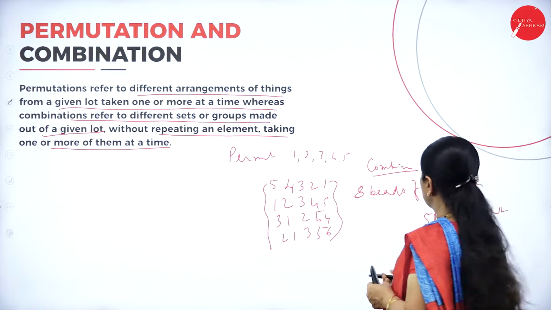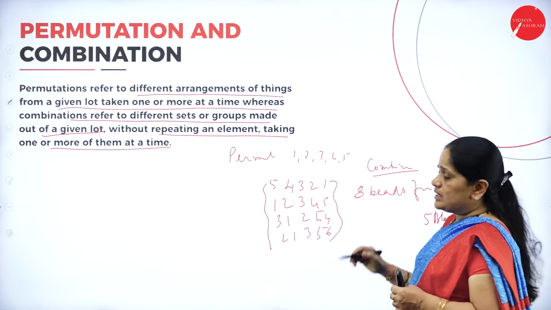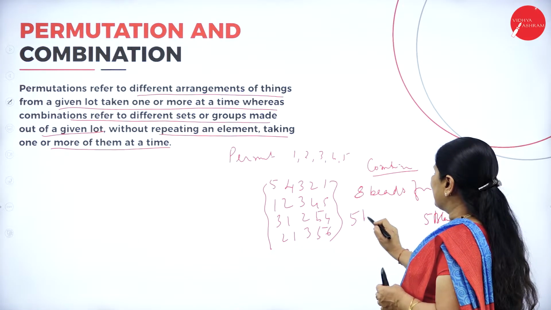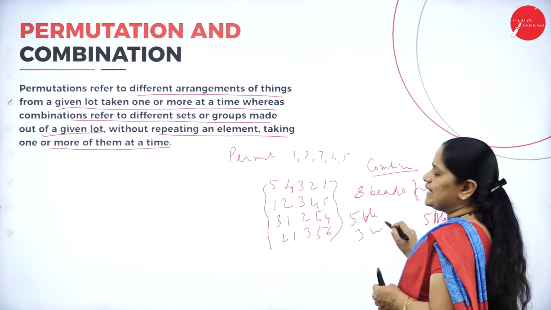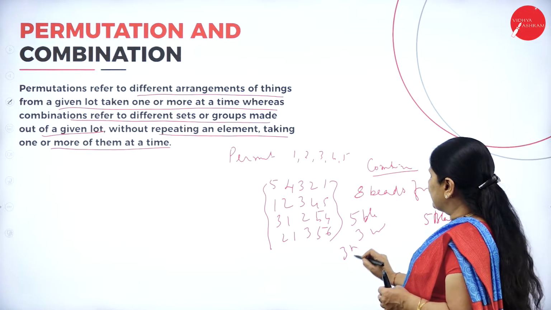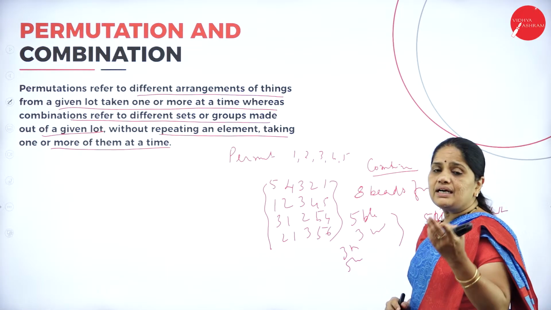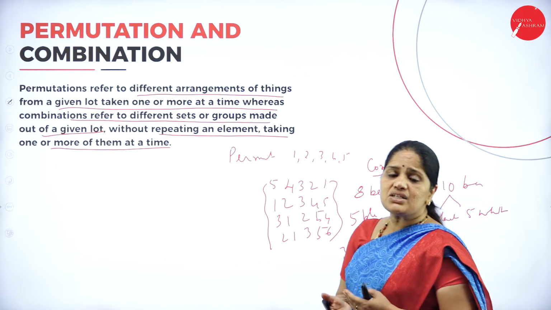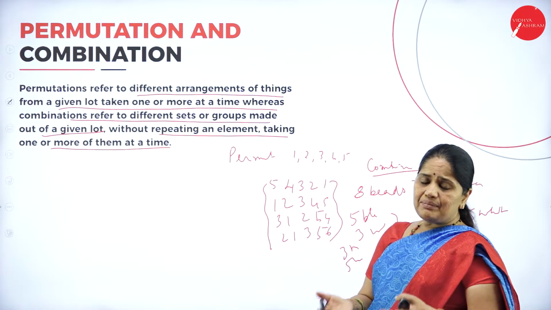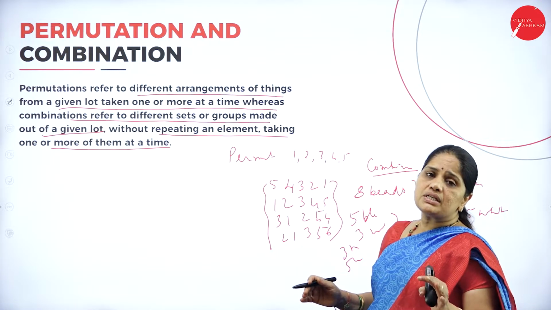If I have to choose 8 beads, I may get 5 black and 3 white, or 3 black and 5 white. But here, whatever I take does not matter at all. Once I make the selection, the combination is over.